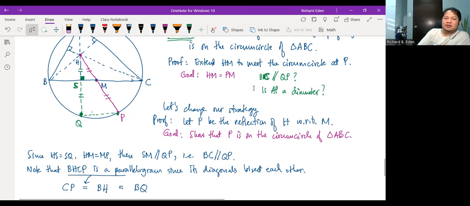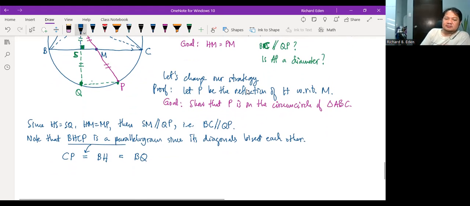And the reason for that is because H and Q are reflections of each other with respect to BC. Okay. Reflection. H and Q are reflections of each other with respect to the side BC.